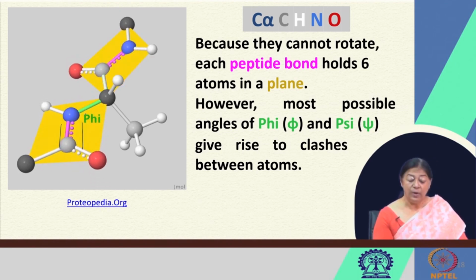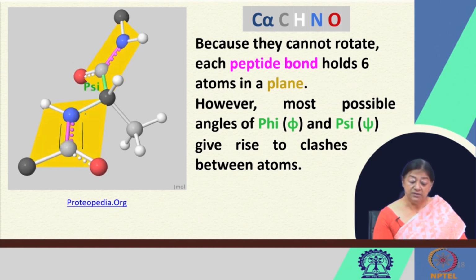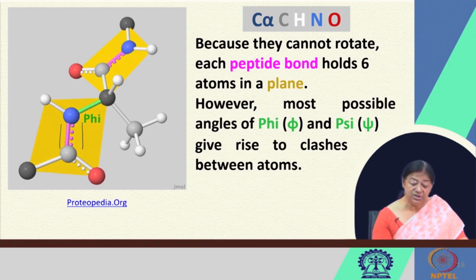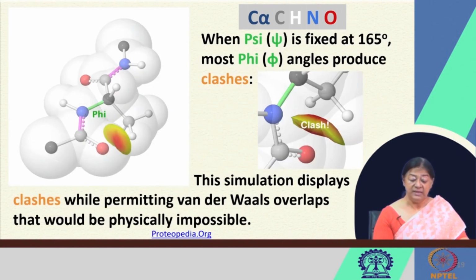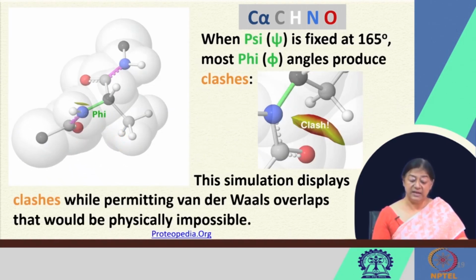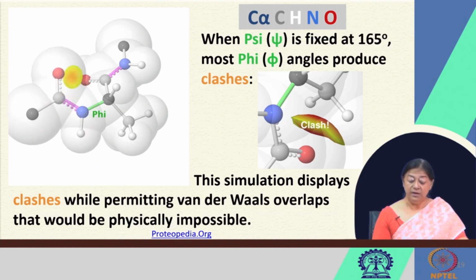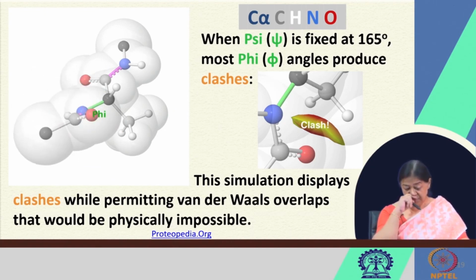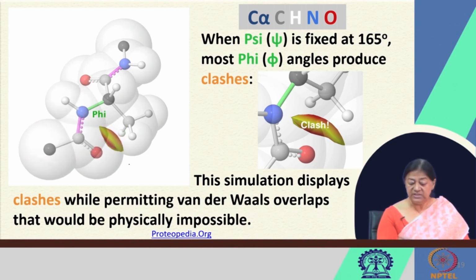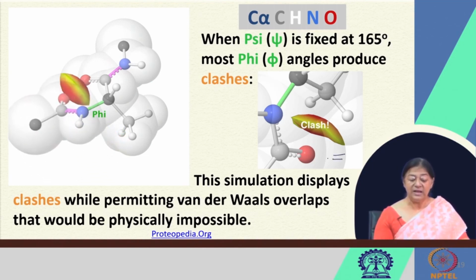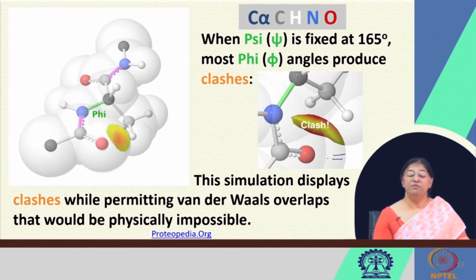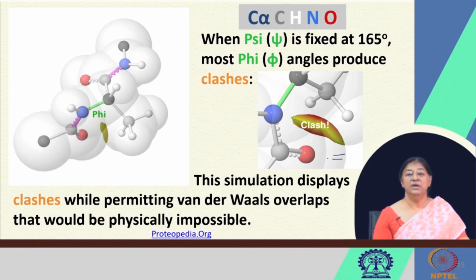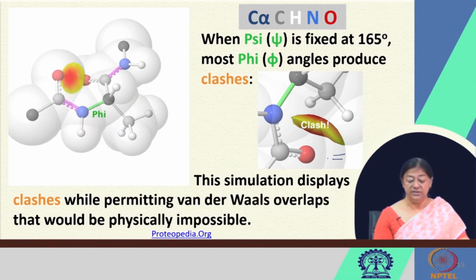But again, when we look at the specific C alpha attachments, or rather the side chain attachments, we realize that when that bond is moving, there is a possibility of steric clashes. So, now when we have the movement about the phi or the psi angles, we see the clash. With that clash come phi angles that cannot be allowed due to the steric interactions.